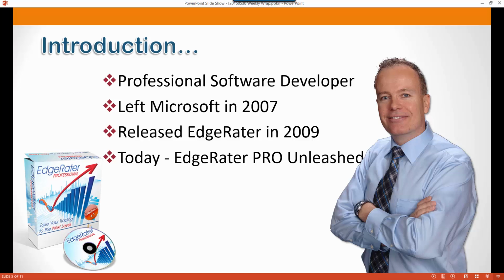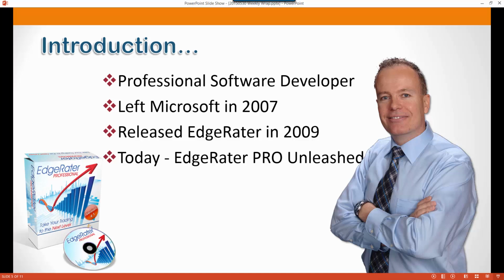I worked on that in my own time, and after a couple of years, I had a product in good shape to give to other people, or sell to other people. And so I released EdgeRater in 2009, and it's kind of grown since then.